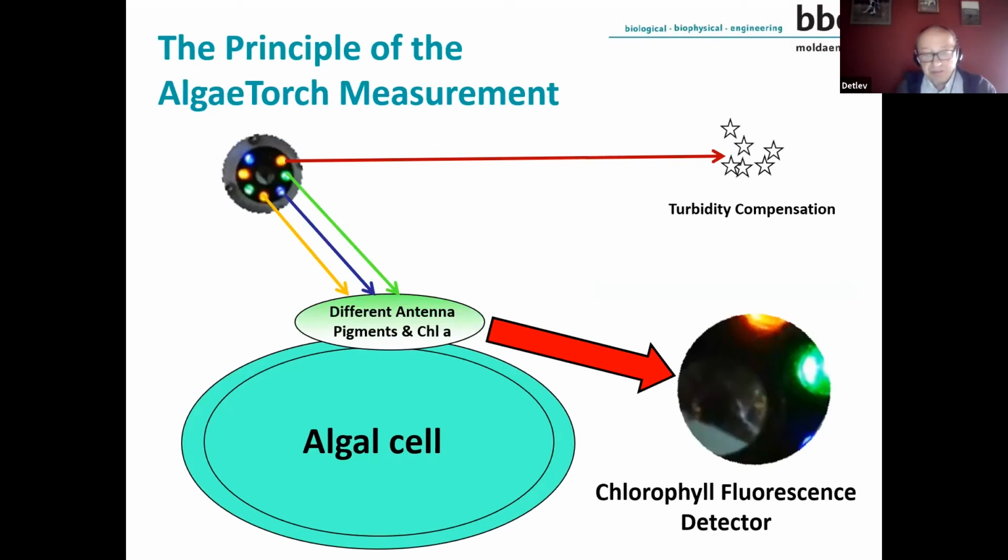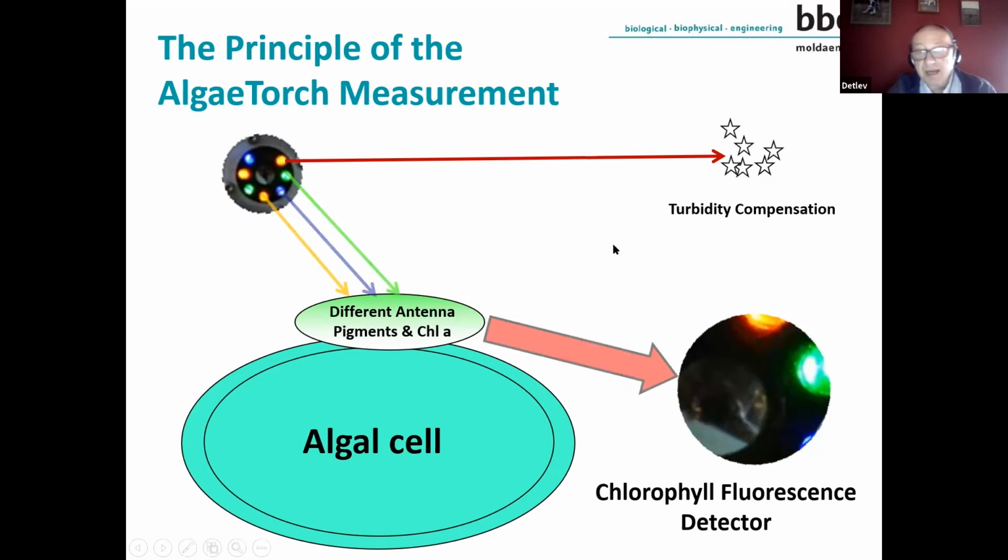This is now the principle of all of these instruments. You see here in this picture the illuminating LEDs, which are switched on one after another and illuminate the different antenna pigments inside of the algae cells. And then the fluorescence is emitted and measured here in the center, where we have the photodetector, a photodiode, which is used to determine the amount of fluorescence.